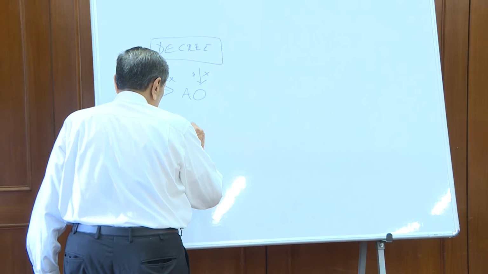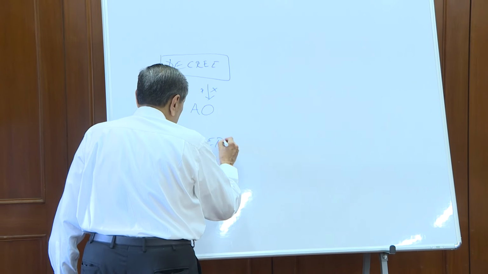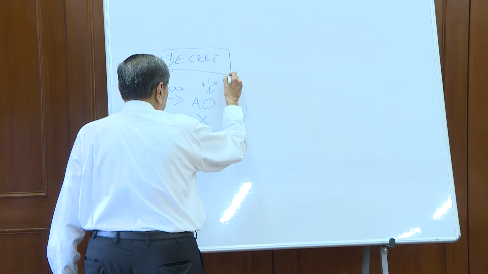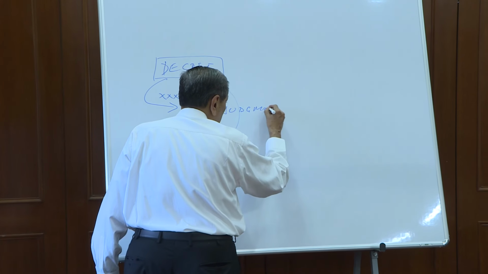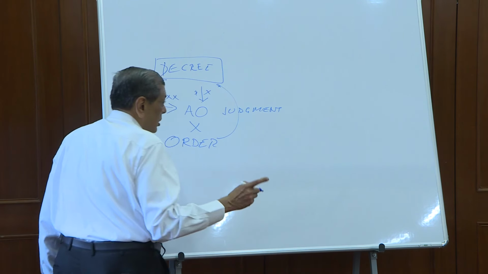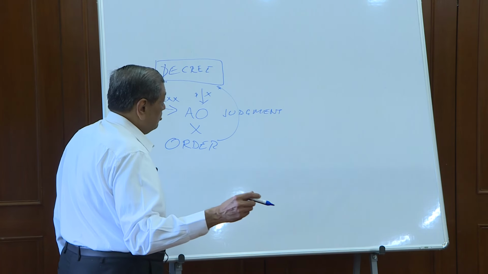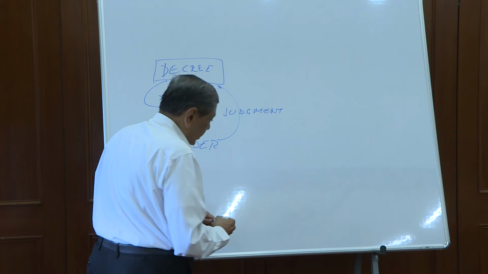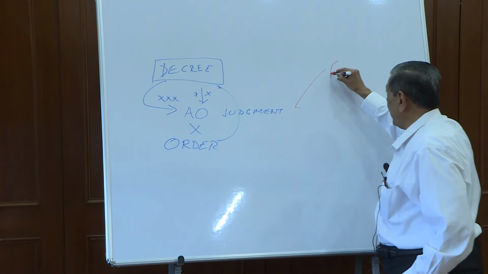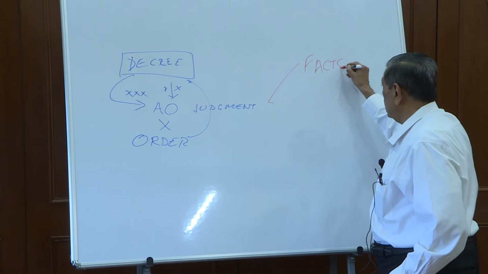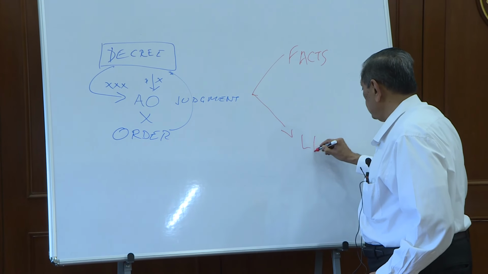Now this gives us a very interesting split, because we've got an order, which is not a decree, and somewhere in between we've got the judgment, right? Remember this, what we've just discussed is this great split that we see here between facts and law.